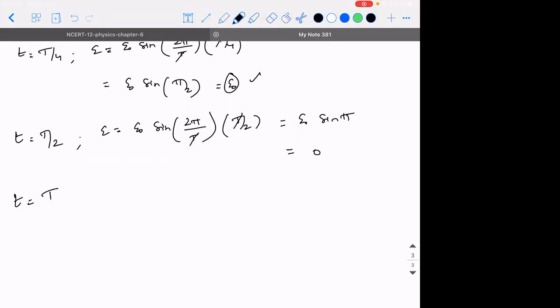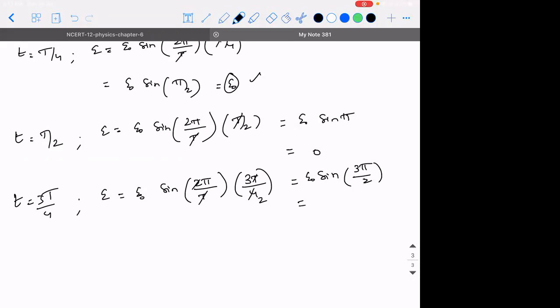At T is equal to 3T by 4, what will happen? E will be equal to E naught sine of 2 pi by capital T into 3T divided by 4. 2 and 2 will get cancelled, T and T will get cancelled. So it will be E naught sine 3 pi by 2.